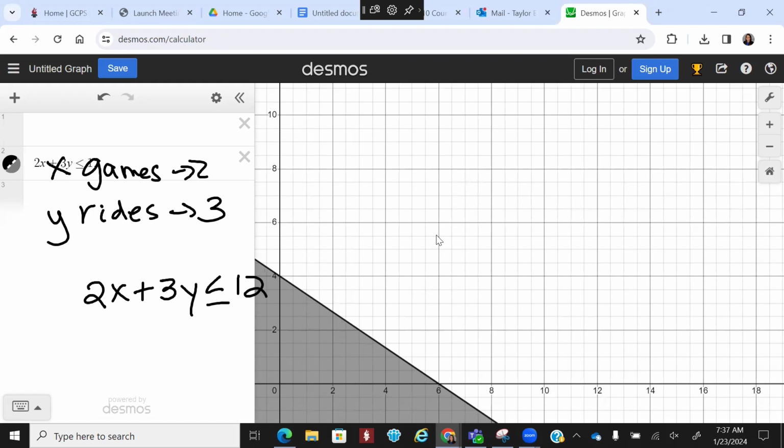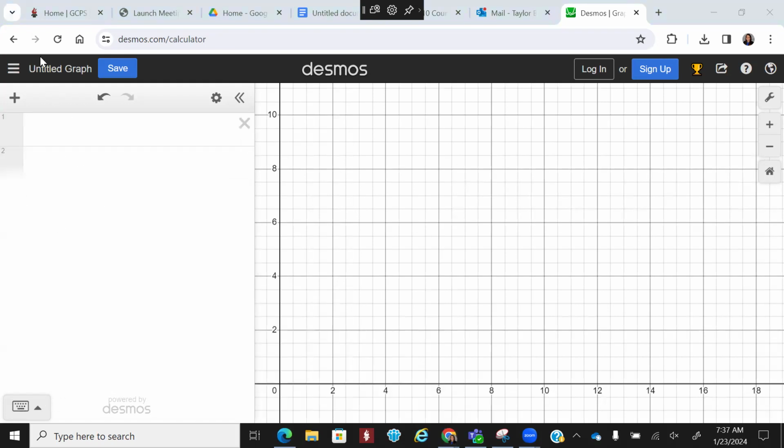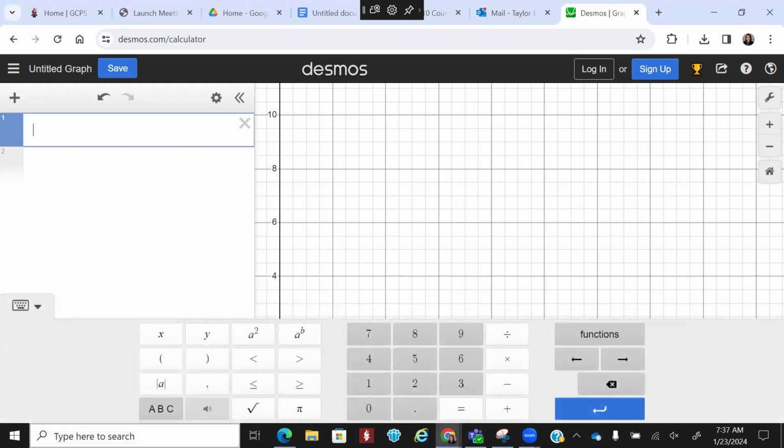Okay. Questions? Yes, ma'am. Beautiful. Glad you asked. Okay. So this is recording. Yeah. Okay. On your Desmos, down here, there's a little keyboard. And here are all of your inequalities. Now you can type it using your keyboard.